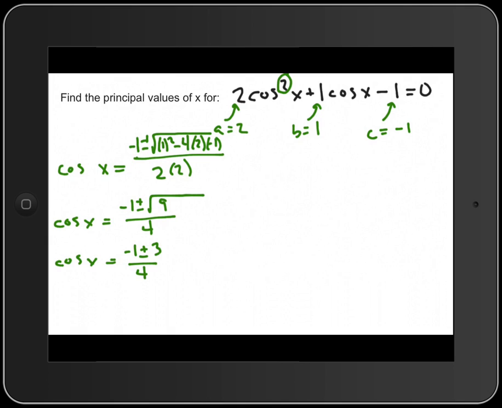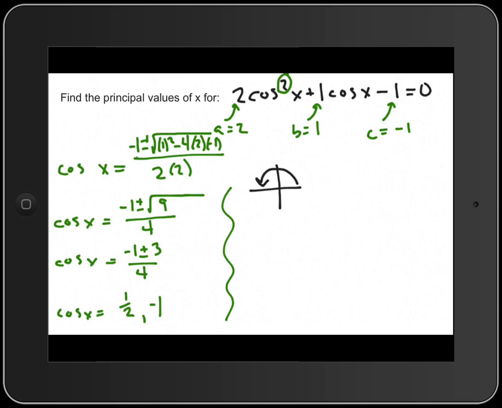And so now we have negative 1 plus 3 is 2, so 2 over 4 is 1/2. And the other possibility is negative 1 minus 3 is negative 4 over 4 is negative 1. So the cosine of x equals those two possibilities. Alright, so let's figure out what those are. Now principal values, as I was saying, for cosine, that's going to be between 0 and 180 degrees.